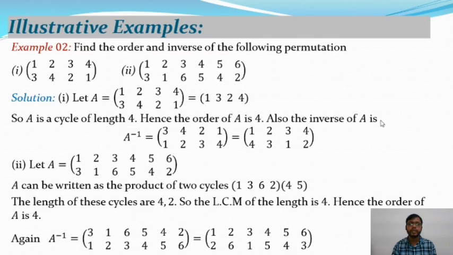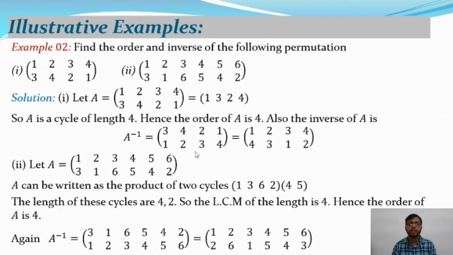Also the inverse of A, that is A inverse. In that case, the elements in the range set are in the first row, that means 3 4 2 1, and the first row becomes the second row, that means 3 goes to 1, 4 goes to 2, 2 goes to 3, and 1 goes to 4.